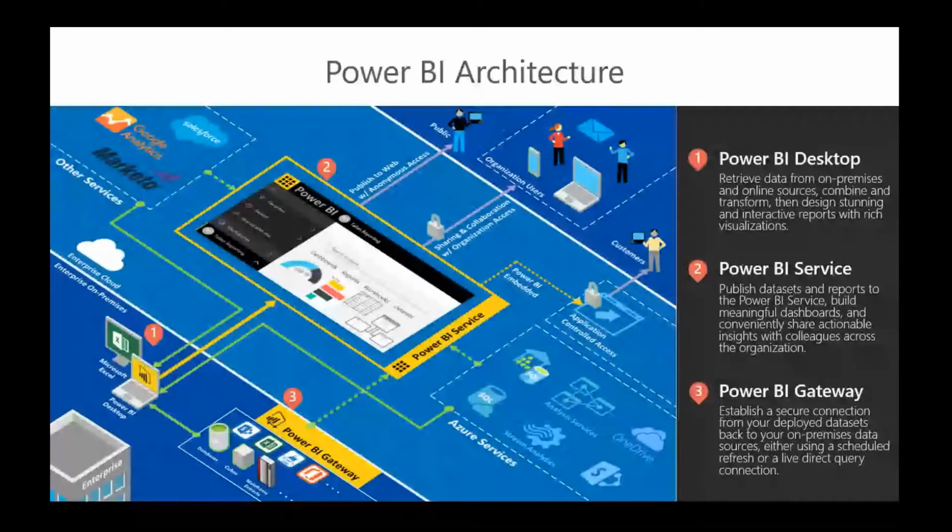All right, so we start in the lower left, next to the number 1 there, with Power BI Desktop. Power BI Desktop is a free tool that you can install on your computer and pull in data from a variety of sources.